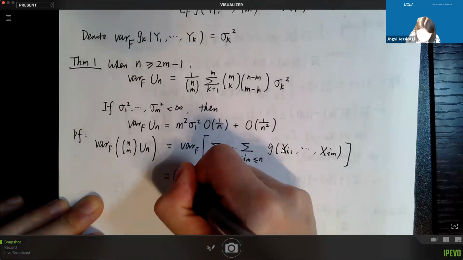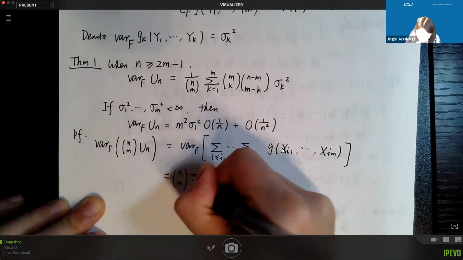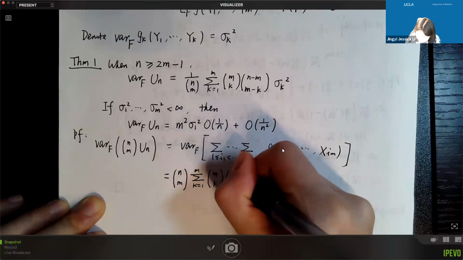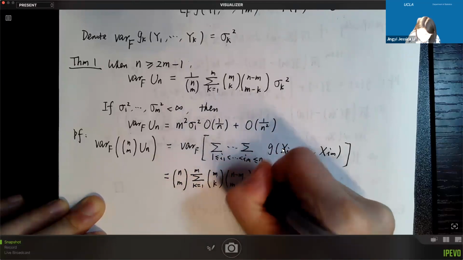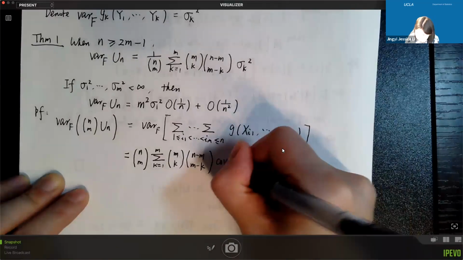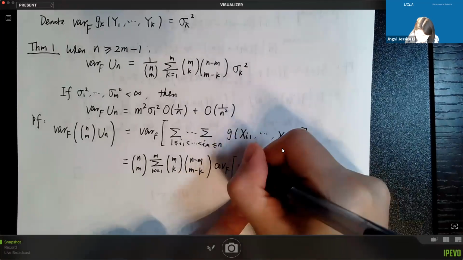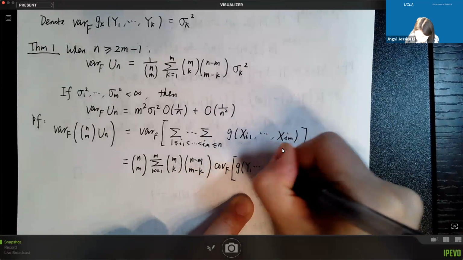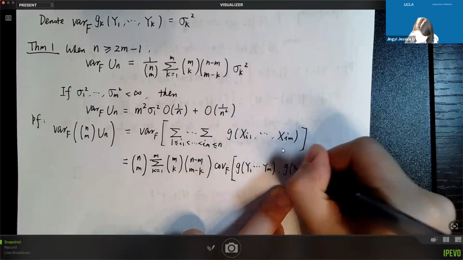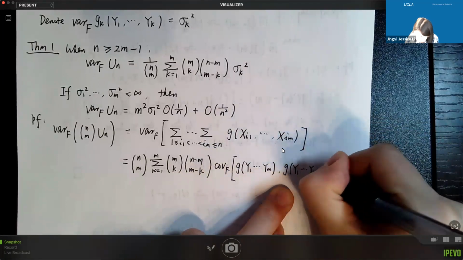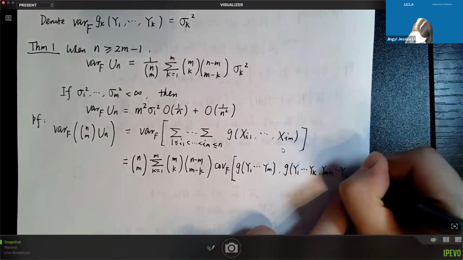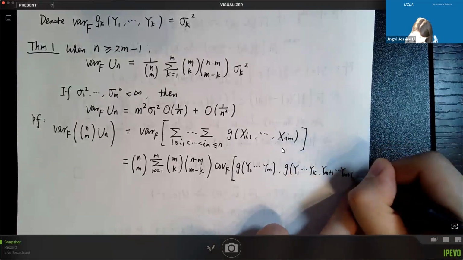We have n choose m, and we let k go from 1 to m, m choose k, n minus m choose m minus k, and the covariance of g(Y1, ..., Ym) and g(Y1, ..., Yk, Y_{m+1}, ..., Y_{m+m-k}).